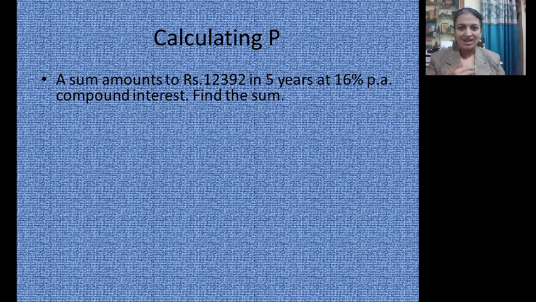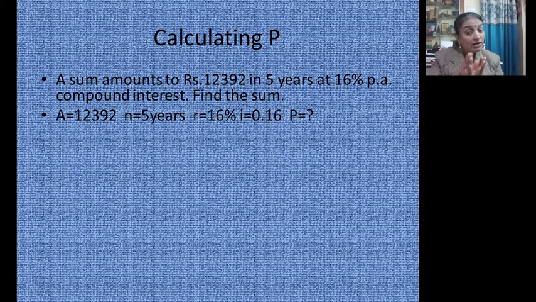Rate of interest. R is equal to 16%. So I is equal to 16 divided by 100, that is 0.16. R can be converted into I. R should be divided by 100 and it becomes I. Here I is 0.16. Find the sum means find the principal.